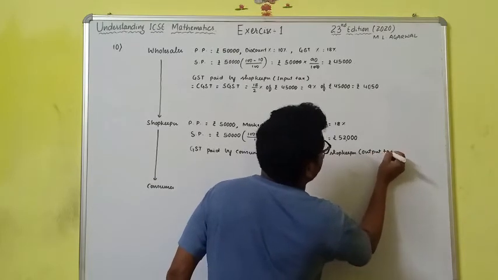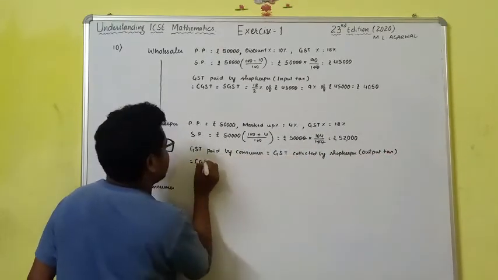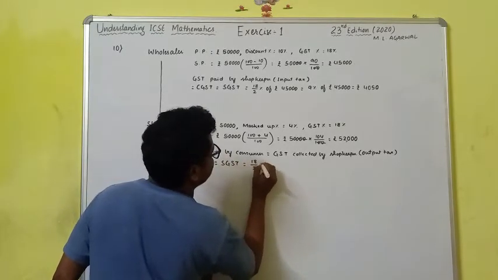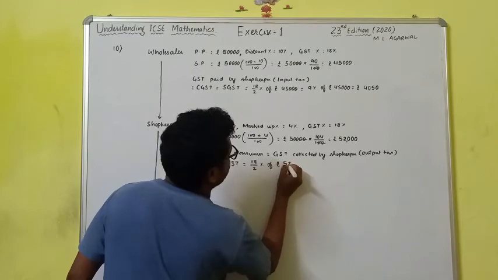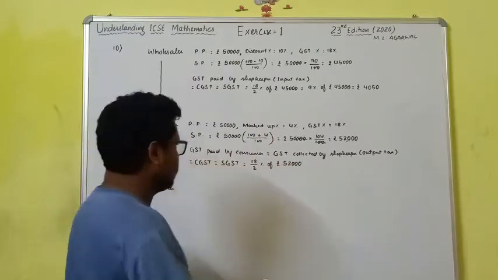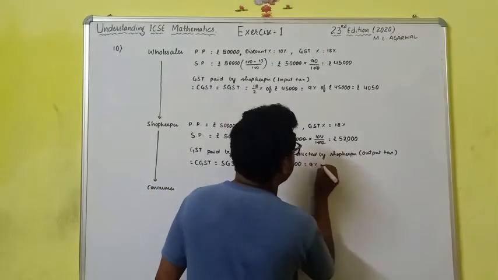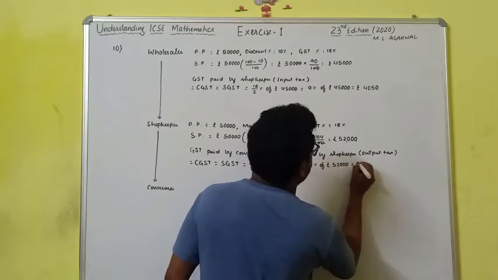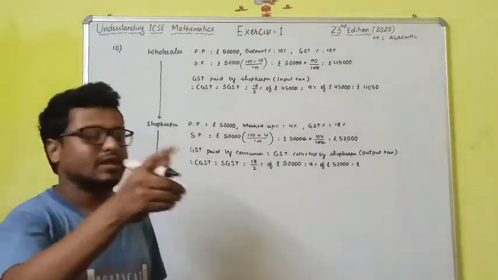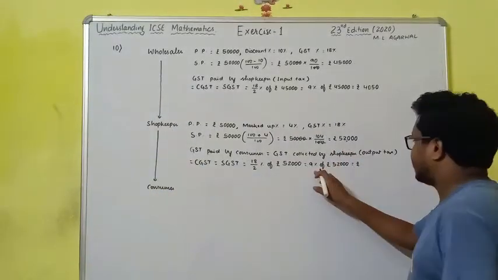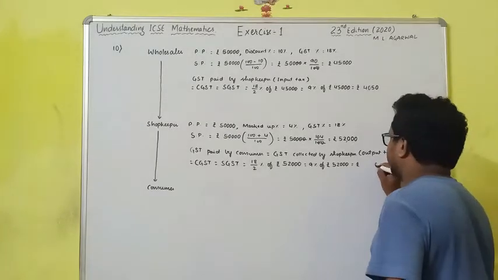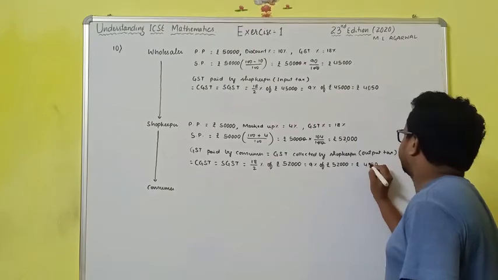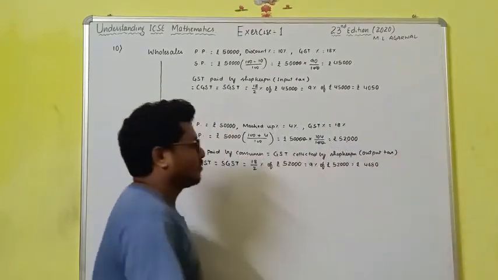Output tax is equal to CGST plus SGST, each 18 by 2%, which is 9% of rupees 52,000. So it will be 520 into 9. 520 into 9, 0, then 9 times 2 is 18, 8 here, 4680. It will be 4680.